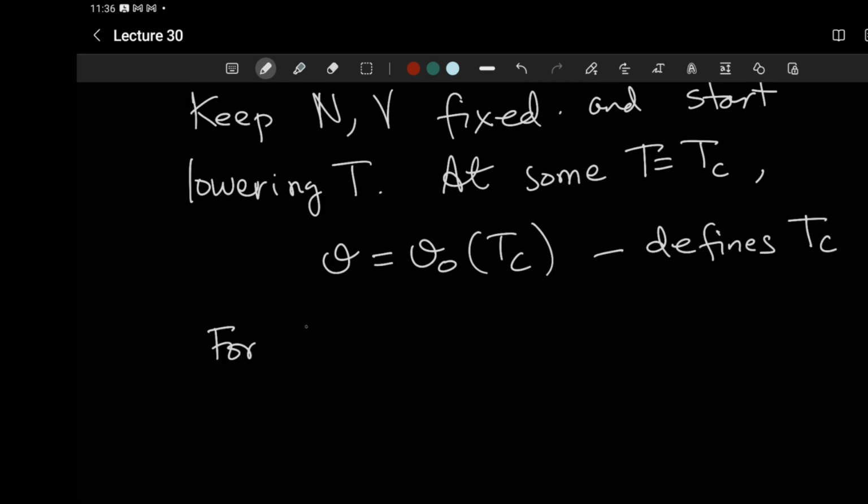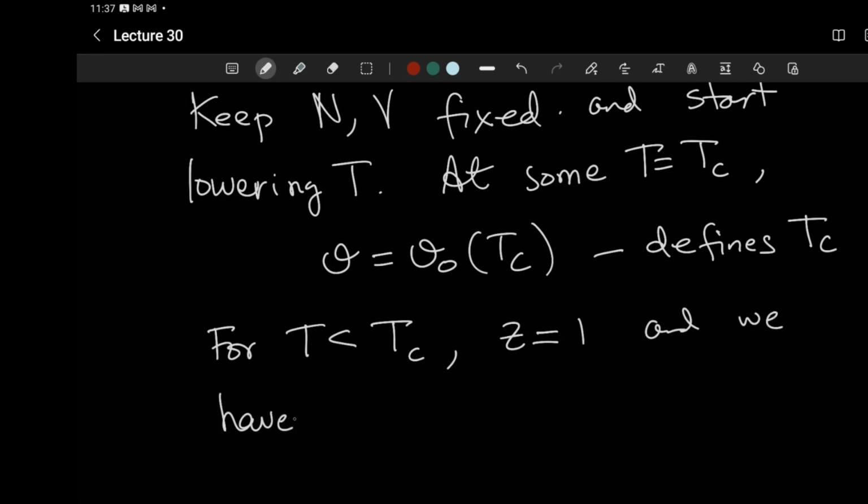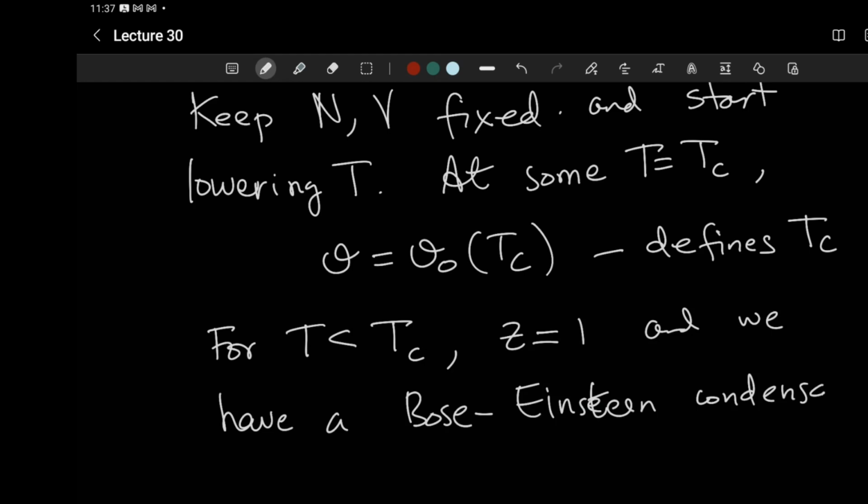Okay, so for T less than Tc, what happens? z equals 1, and we have a Bose-Einstein condensate. Okay, is this clear?